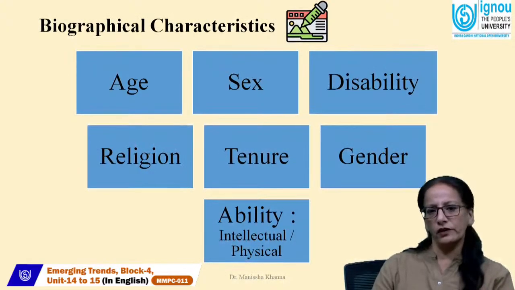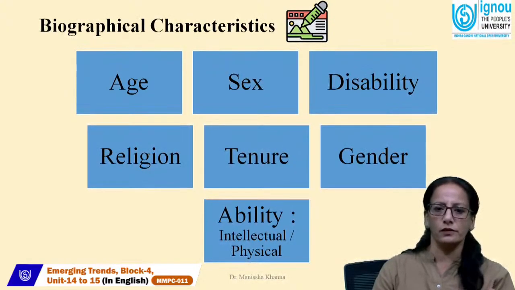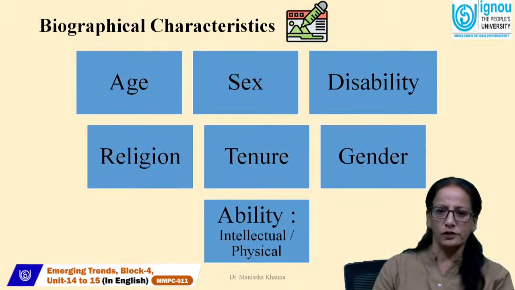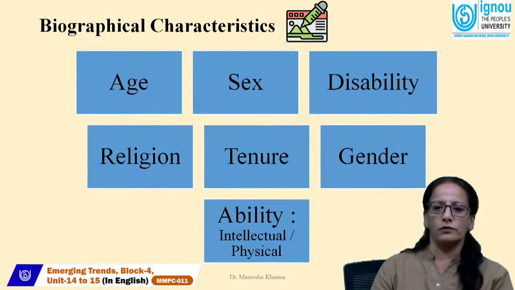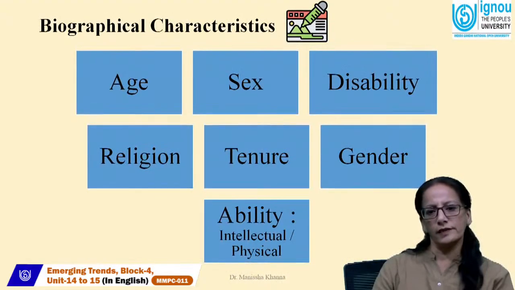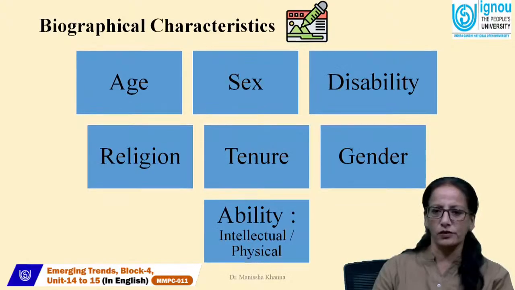These biographical characteristics are normally seen when a person is filling the application form for some job, or maybe working on some specific projects. Here I have already mentioned a few examples on the basis of this.